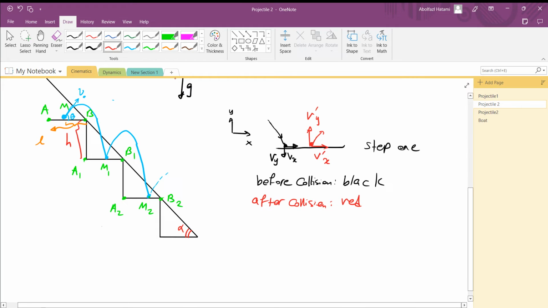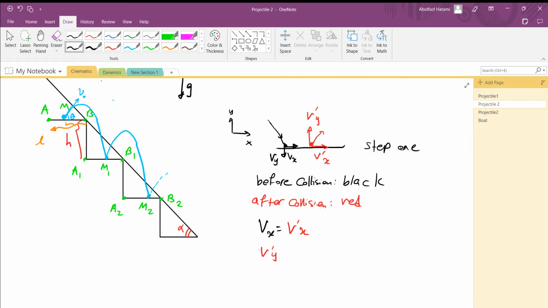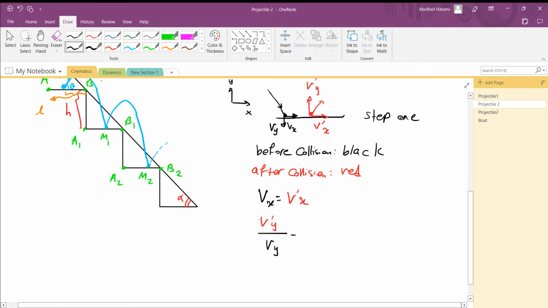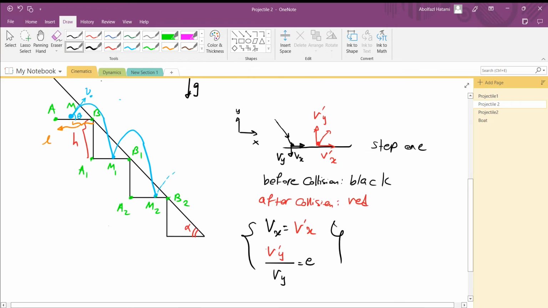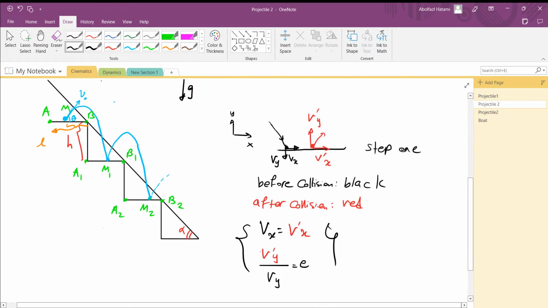The question says that vx is equal to v prime of x, and also v prime of y divided by vy is equal to E. This is what the question says about the velocities before and after collision in the directions of y and x.